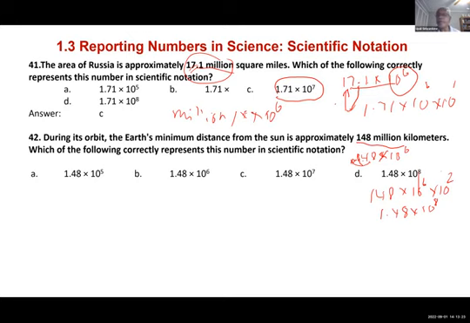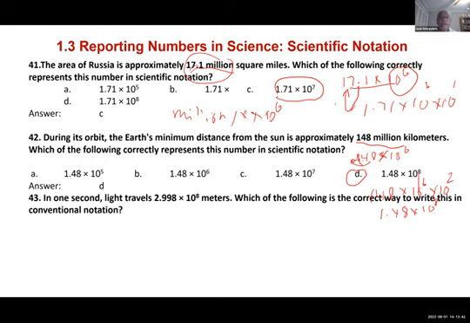So which is the correct answer? D. Okay. Do you guys agree with me, or do you have any questions? That's the correct answer.